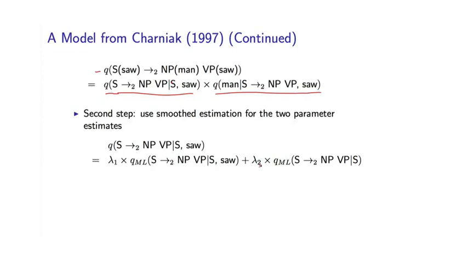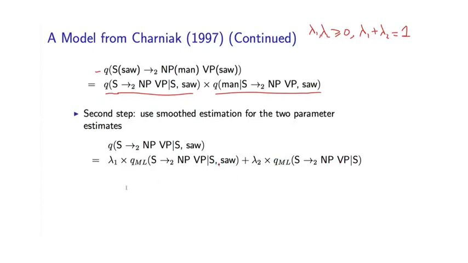So in this example, I'm going to use linear interpolation. So we're going to have two parameters, lambda1, lambda2 greater than or equal to 0, and lambda1 plus lambda2 is equal to 1. And what do I have here? I have two maximum likelihood estimates.